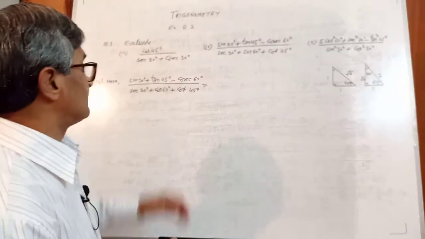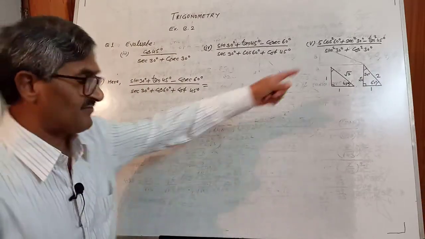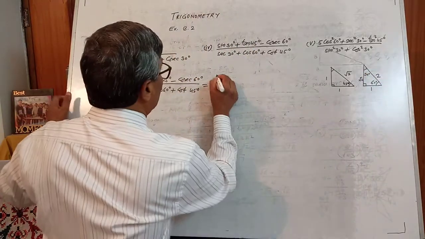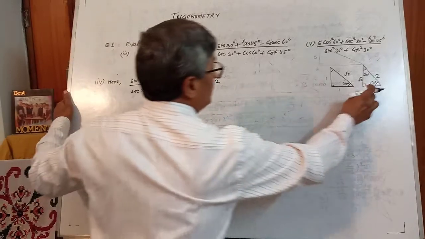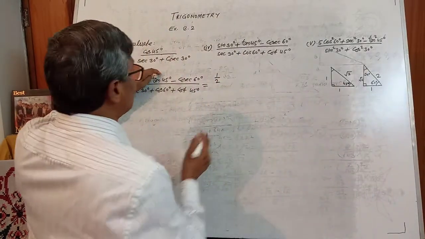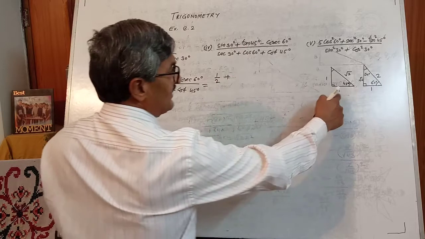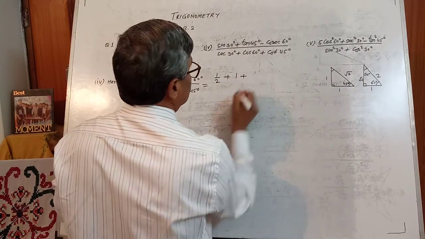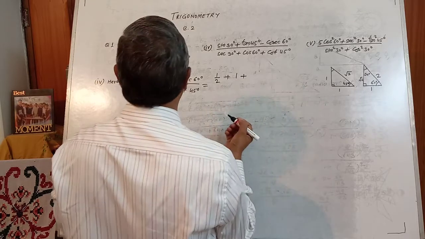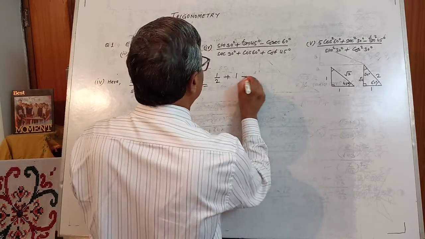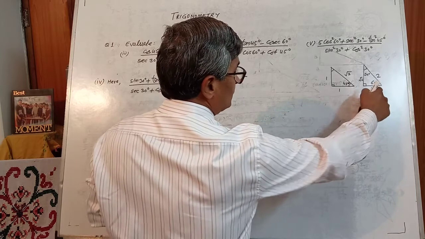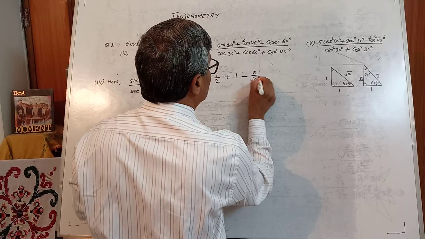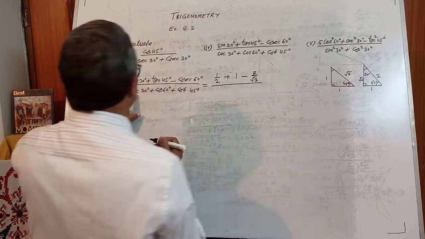Evaluating this function. So again sin 30 degree, from there you can find out sin 30 is 1 by 2. Perpendicular upon hypotenuse. Tan 45 degree, you can take from here, 1 by 1, so 1. Minus cosec 60, from here, cosec 60 is 2 by root 3, divided by sec 30.